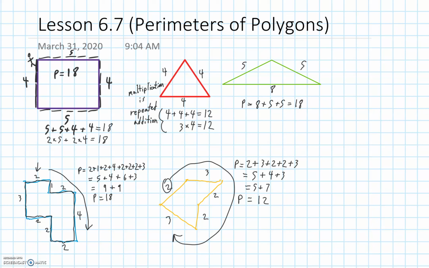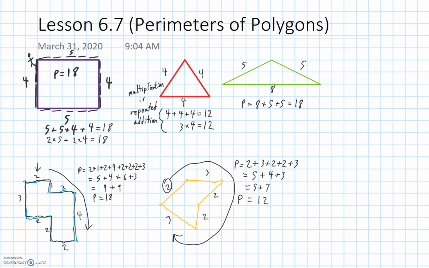And I really want to remind you again that whenever you might see multiplication, it's only because multiplication is the same as repeated addition. So like our red triangle shows, you can have however many sides times the length of the sides.